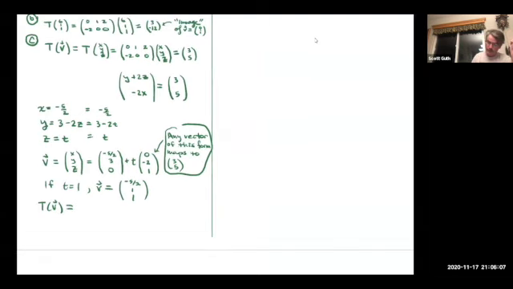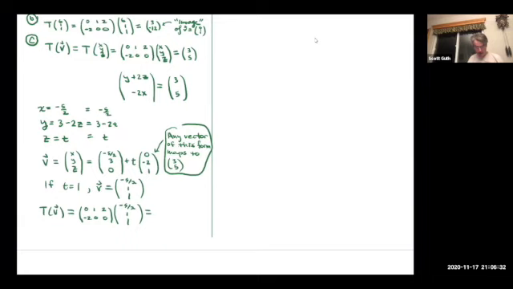So A is way up there. I'm going to just grab it. A times v. So you get 0 plus 1 plus 2, that's 3. And then negative 5 plus 0 plus 0, positive 5 plus 0 is 5. So 3, 5. Okay, so it mapped to 3, 5.